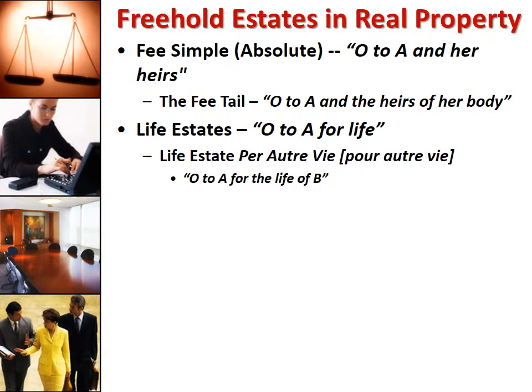It reads typically like this: O to A for the life of B. Wait a second, what does that mean? Well, quite frankly, B's life is the measuring life. It's the period of time in which we measure how long A will enjoy the property. O gives to A for the life of B.